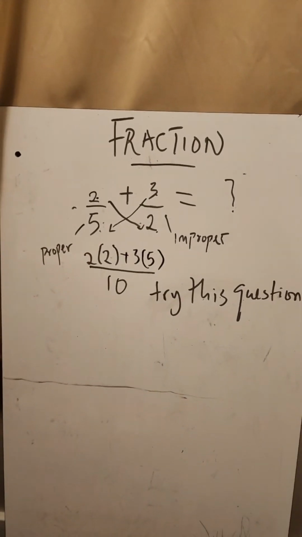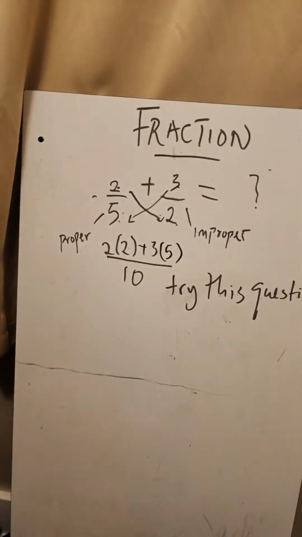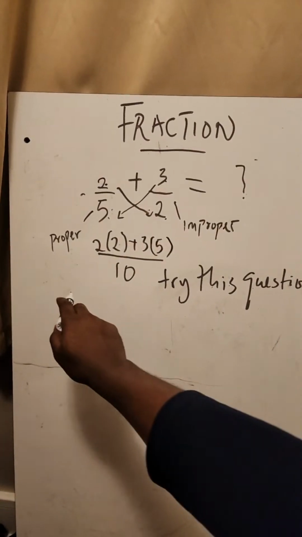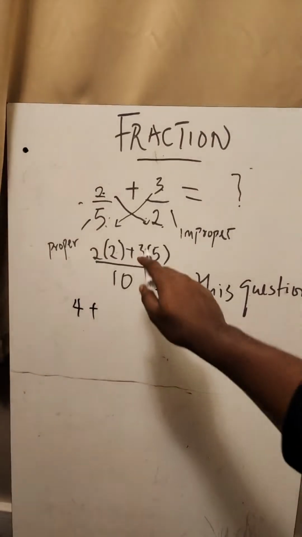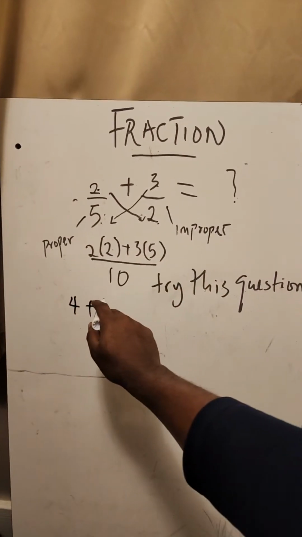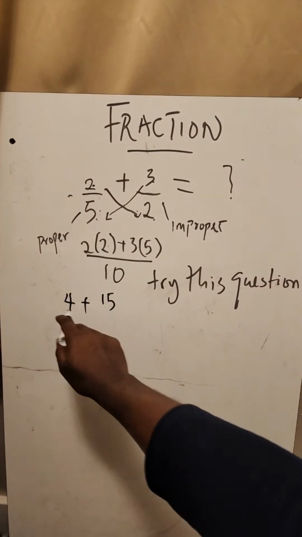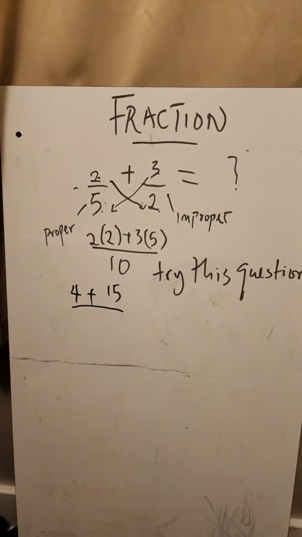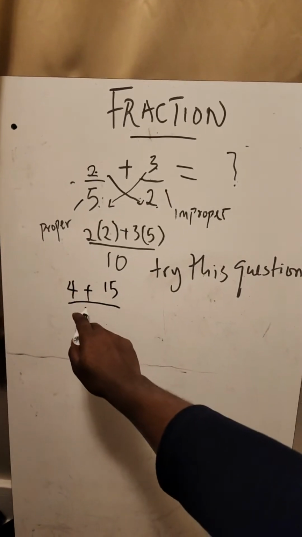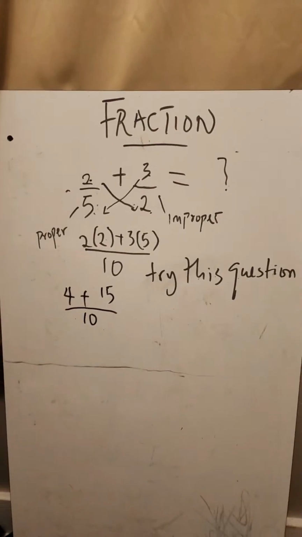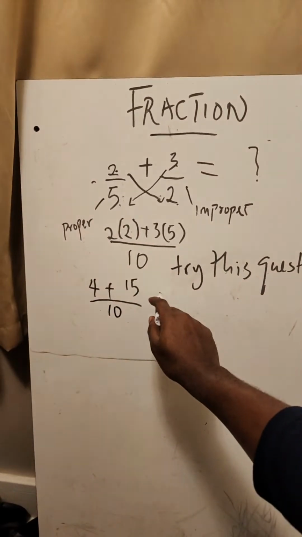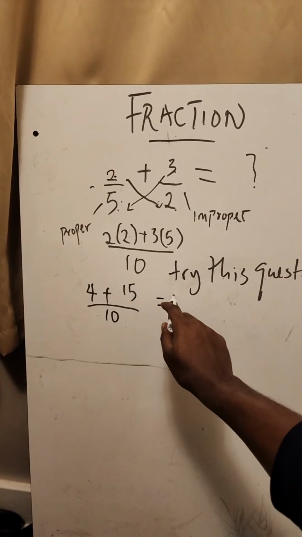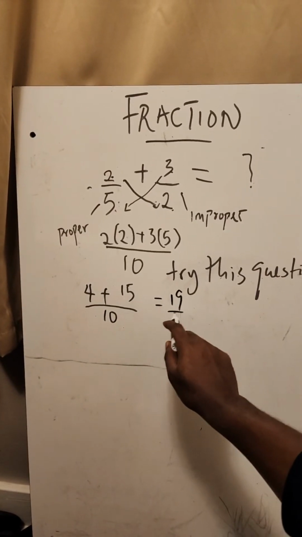Now multiplying these two together, we have 2 multiplied by 2, which is the same thing as 4, plus 3 multiplying 5, we have 15, divided by the common denominator, which is 10. Now adding these two together, we have 4 plus 15, which gives 19/10.